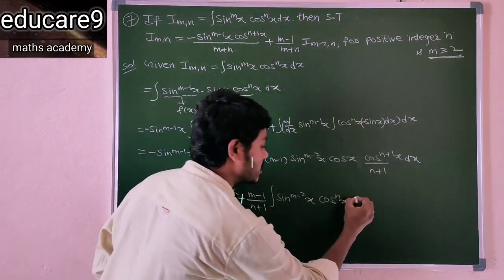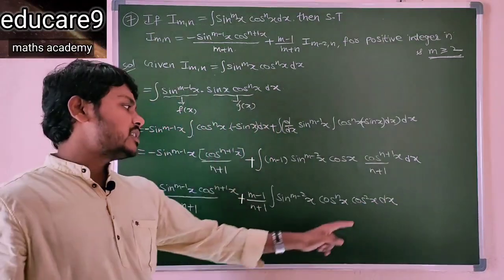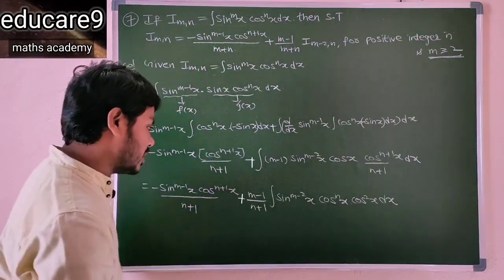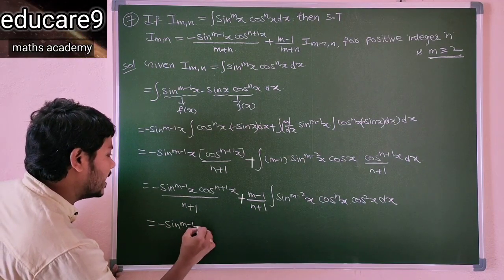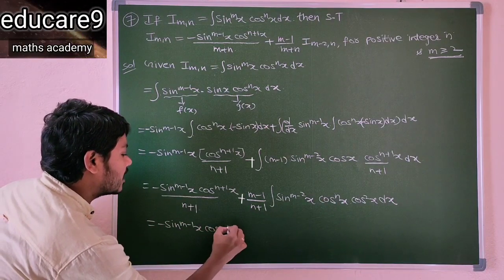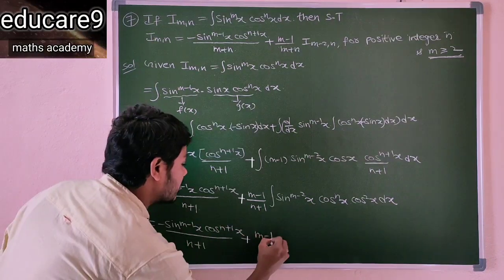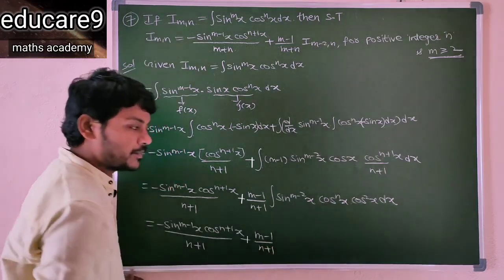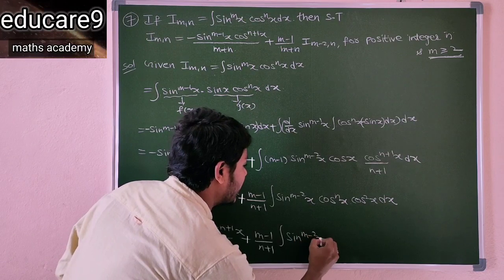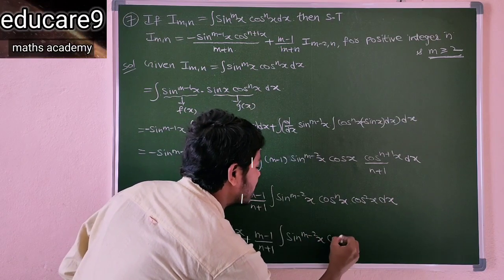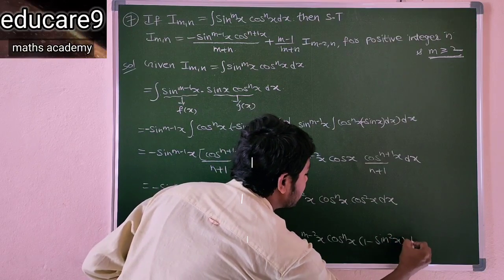So cos into cos square x dx. Now this cos square x write as 1 minus sin square x. So this is minus sin^(m-1) x cos^(n+1) x divided by n plus 1, plus m minus 1 by n plus 1, this is integration of sin^(m-2) x cos^n x into 1 minus sin square x dx.